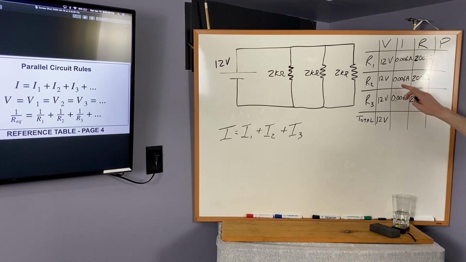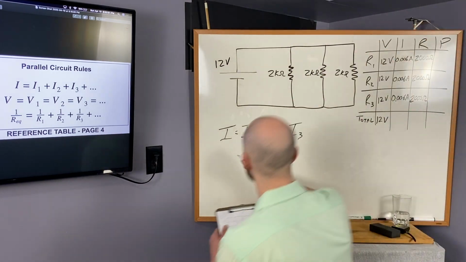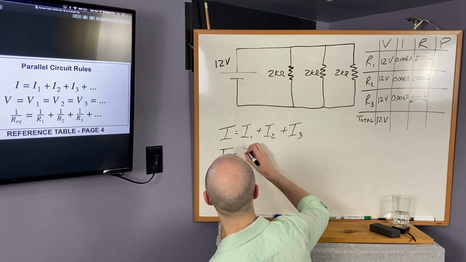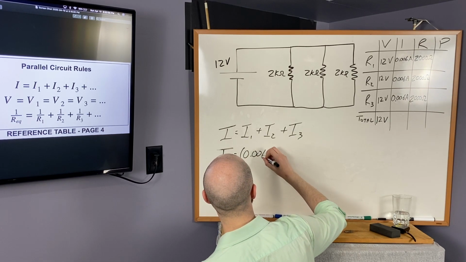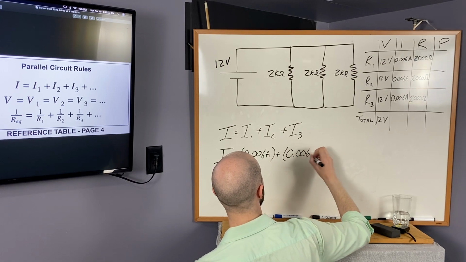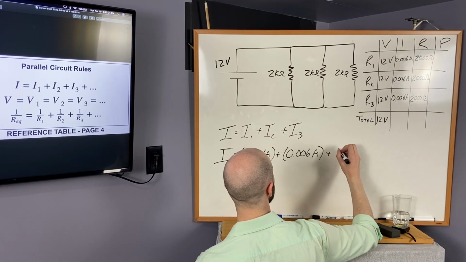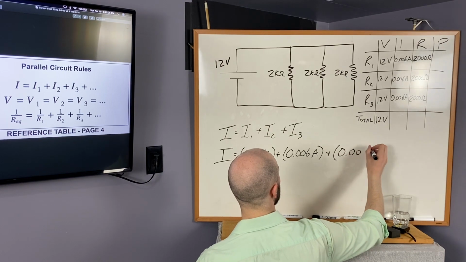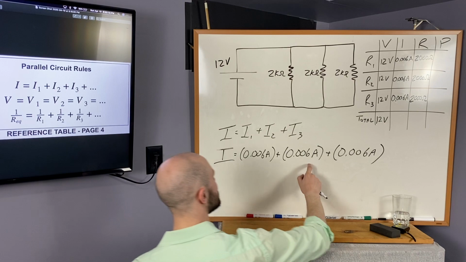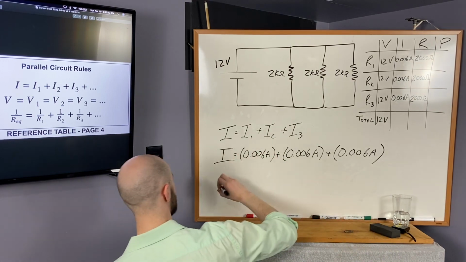Well, we know each one is 6 milliamps. 0.006 amps plus 0.006 amps plus 0.006 amps. That's 6 milliamps, 6 milliamps, 6 milliamps.